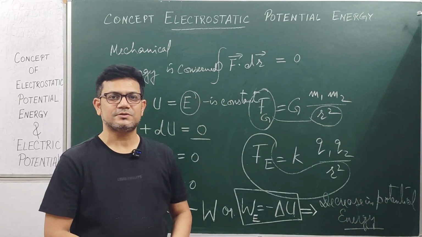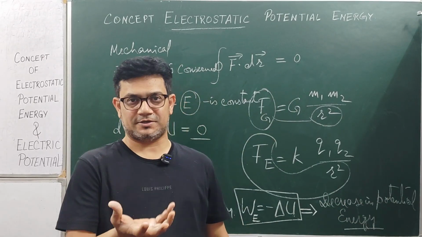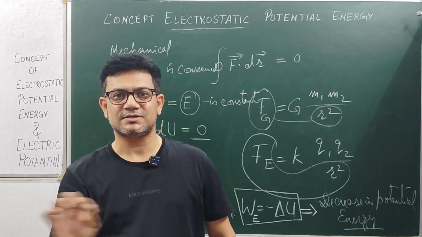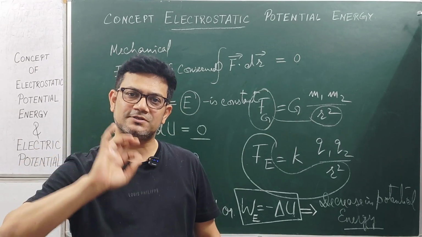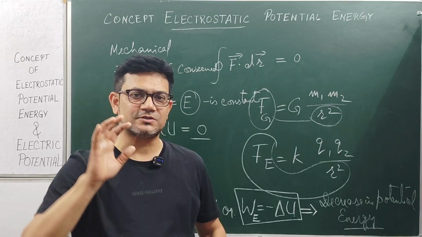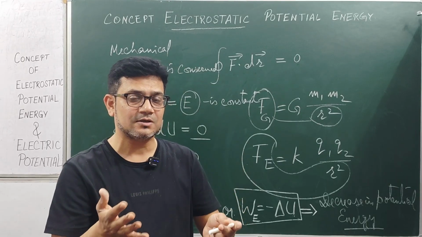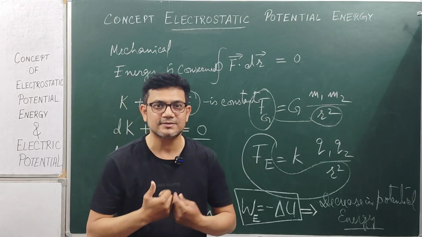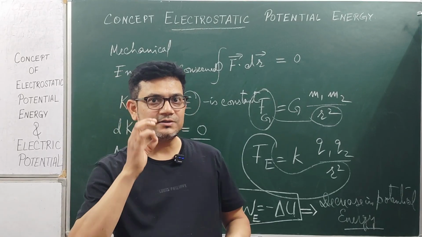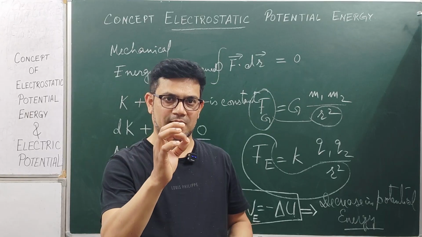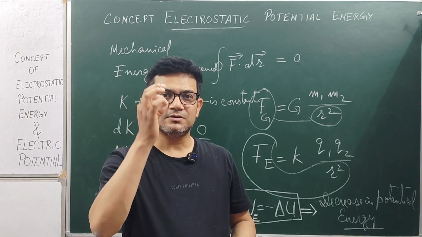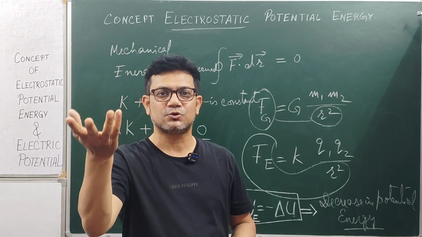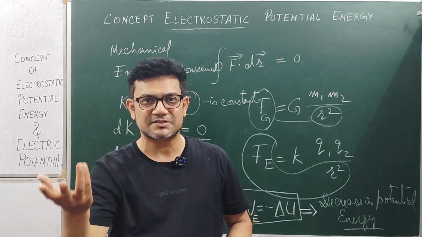So now here comes the question. There's a condition in the space and energy is conserved and you are changing the position. What would happen? If you want to change the position, there has to be an external force. Where is this external force that you're applying stored, or where is it getting transferred?